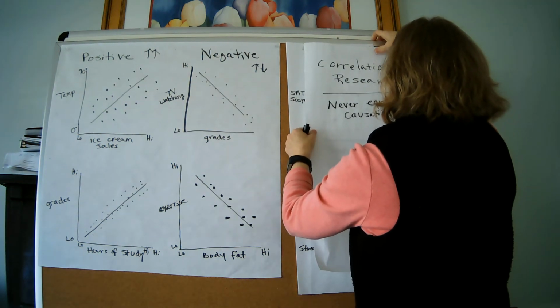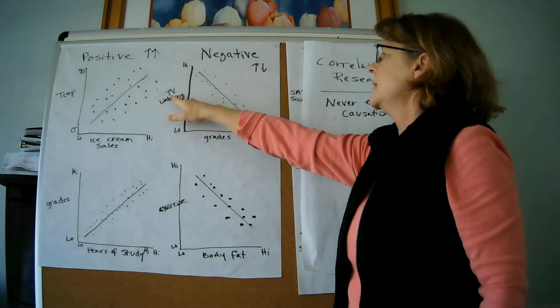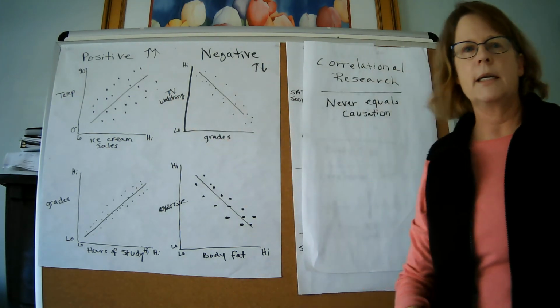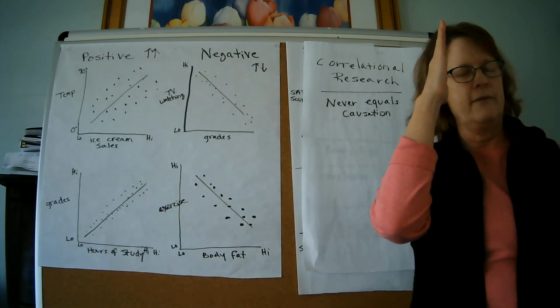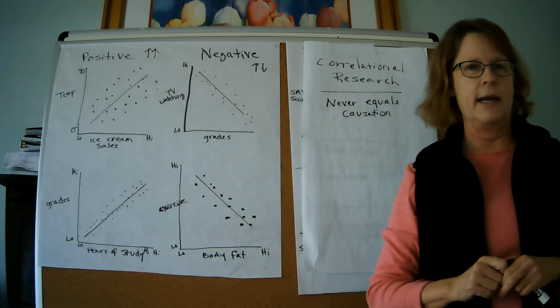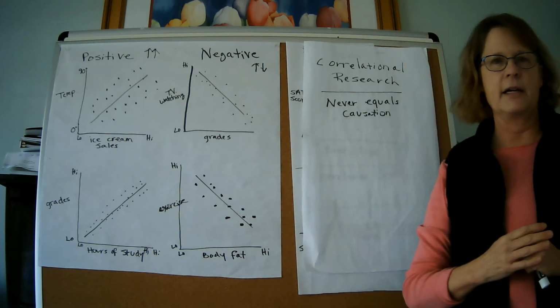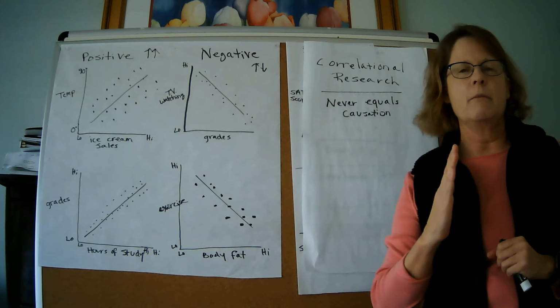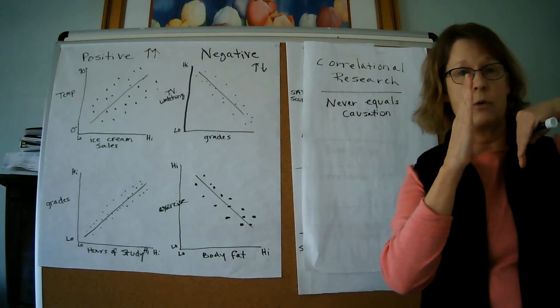So a negative correlation, let's look at TV watching and grades. So the more hours you spend watching TV can definitely have a negative impact on your grades. Also, exercise and body fat. So the more hours you're putting into exercise, probably the lower your body fat's going to be.